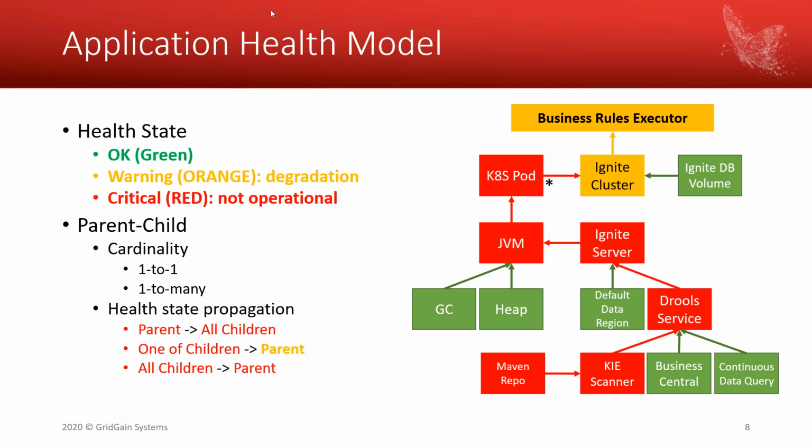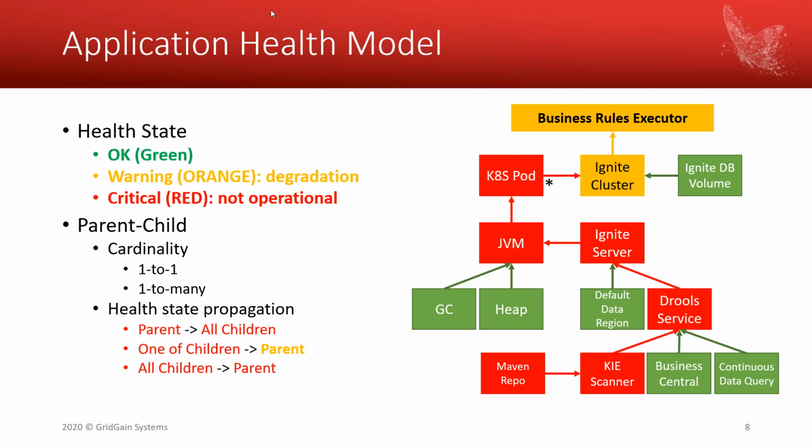And in this example, I actually use different colors to show what I wanted to show on this diagram. You see that the Maven repo failed, just completely failed, and that propagated up the chain via one-to-one relationships. So the Maven repo failing means the KieScanner failed, means the Drools service failed, means the Ignite server failed, the JVM failed, the pod failed.